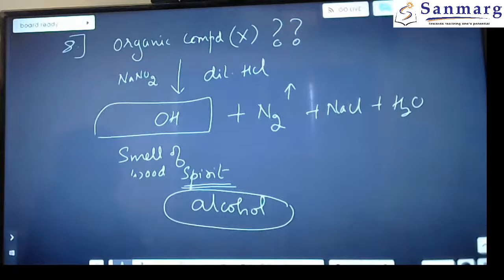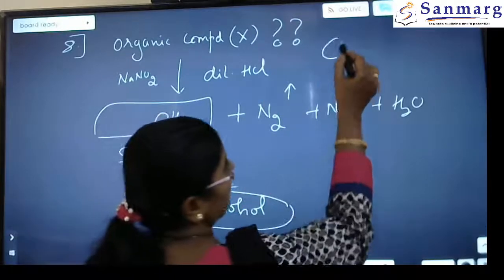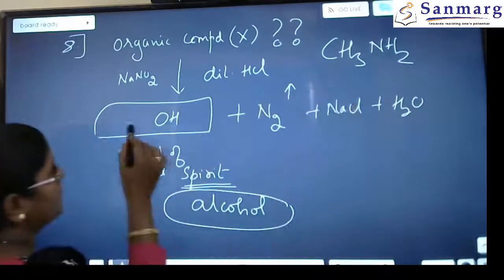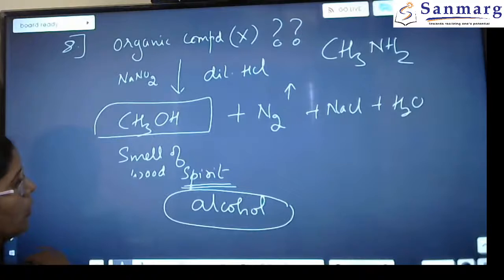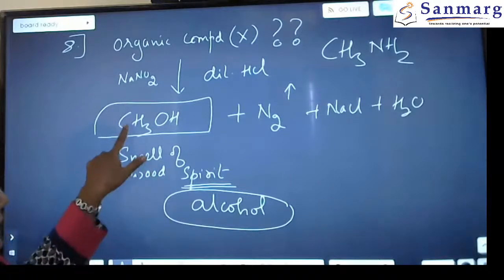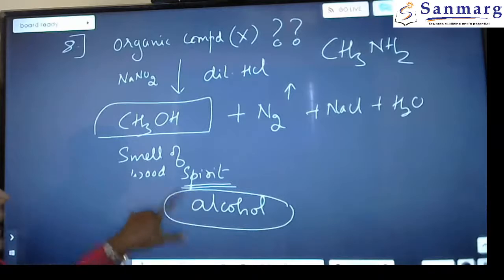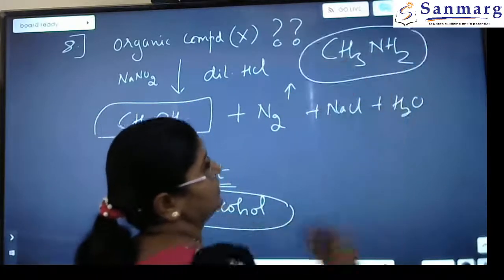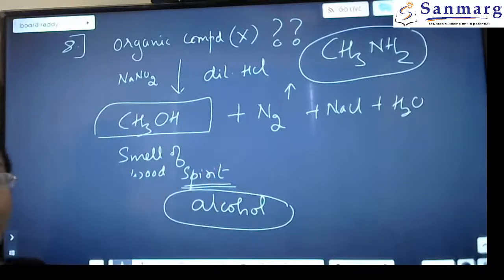If the compound here is methylamine, CH3NH2, you get methyl alcohol. Methyl alcohol has this smell. So what could the starting reagent be? Methylamine. So X is methylamine.